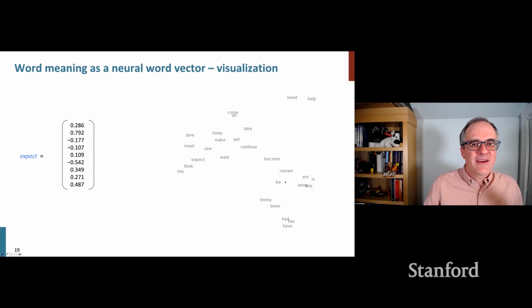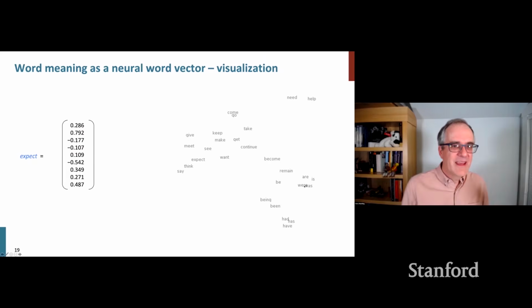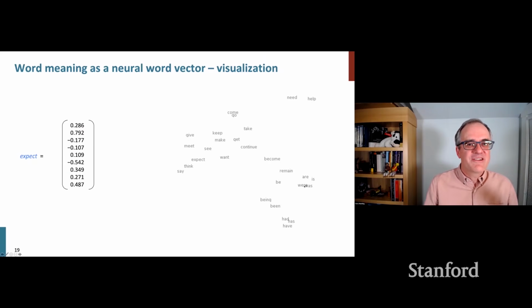And certain contentful verbs are similar to copular verbs because they describe states. You know, he remained angry, he became angry. And so they're actually grouped close together to the verb to be. So there's a lot of interesting structure in this space that represents the meaning of words.